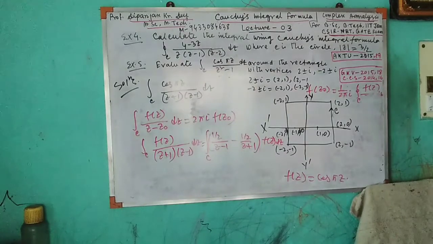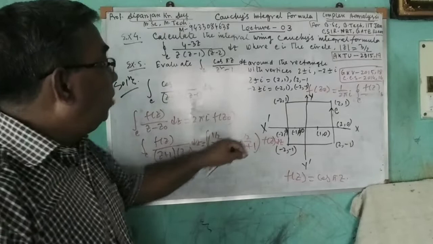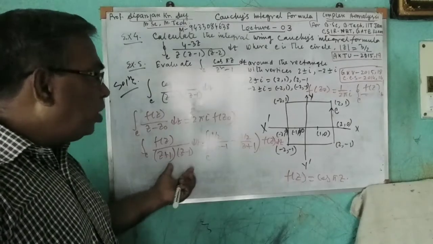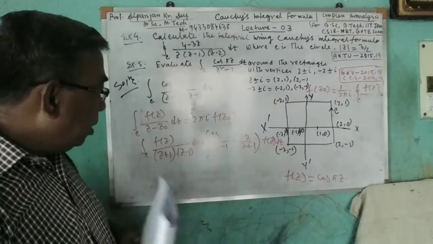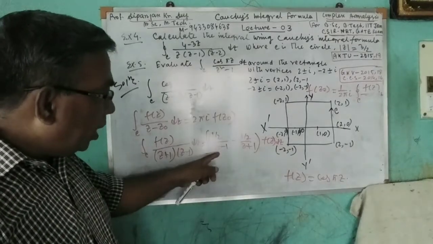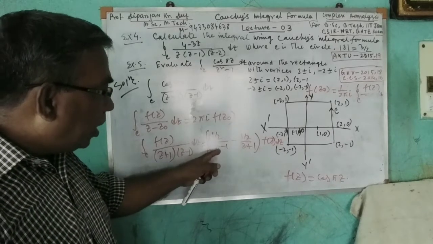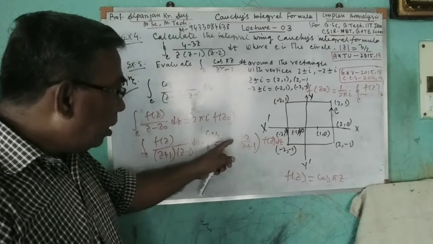So you know how to break this into partial fractions. I'm not doing it here, I'm just showing how it is coming. When you write 1 by (z minus 1) plus 1 by (z plus 1), what will be the numerator?